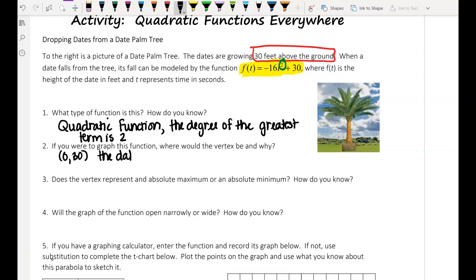The date is growing 30 feet up, and this is where it will fall from.